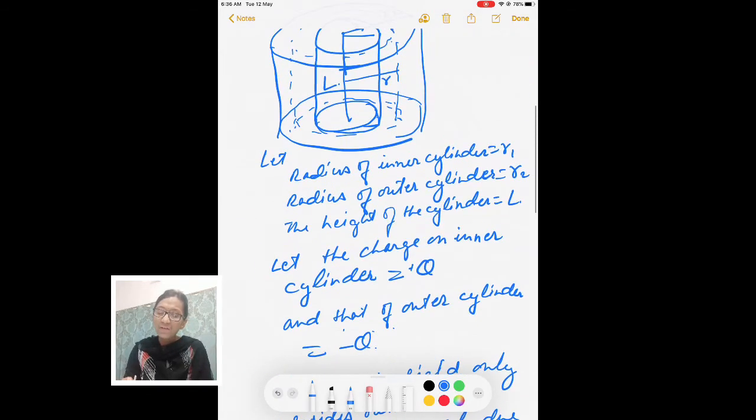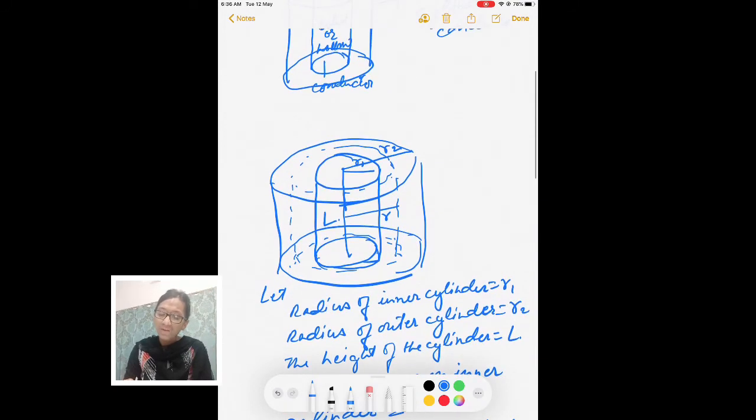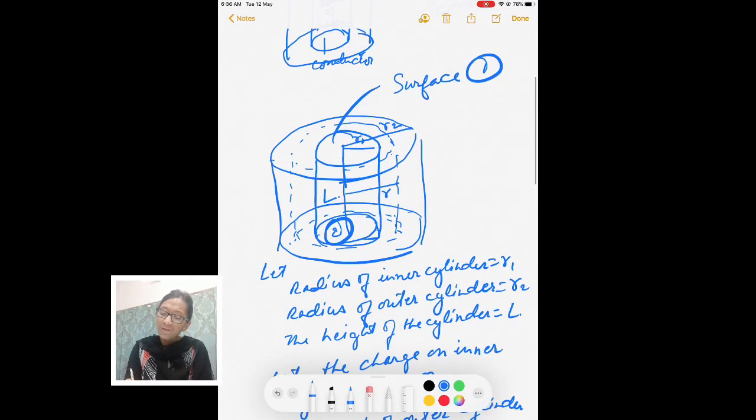Now we have three surfaces. You can see we have three surfaces. This surface 1, surface 2, and this cylindrical surface, the surface 3, curved surface.